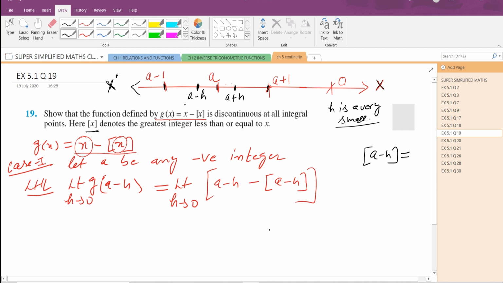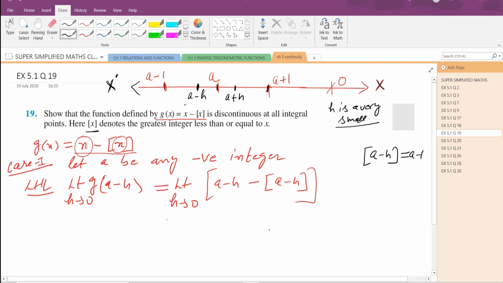So a minus h will be a number between the integers a minus 1 and a. So a minus h is not an integer, it is some decimal between a and a minus 1. So greatest integer function of a minus h will be just the previous integer to it, which is nothing but a minus 1.